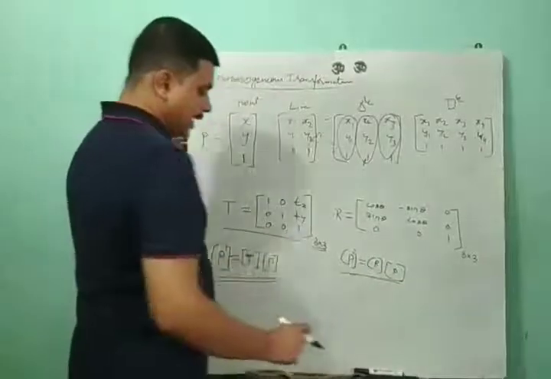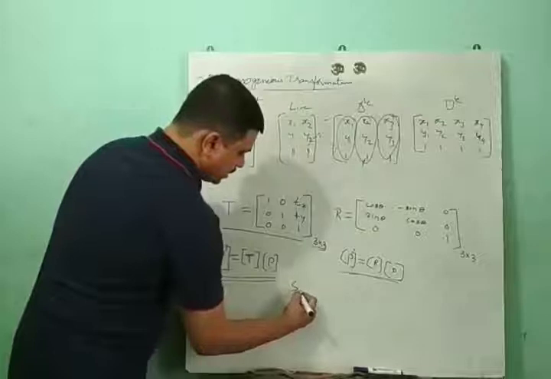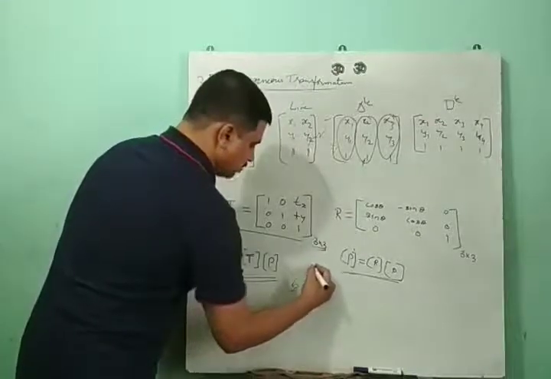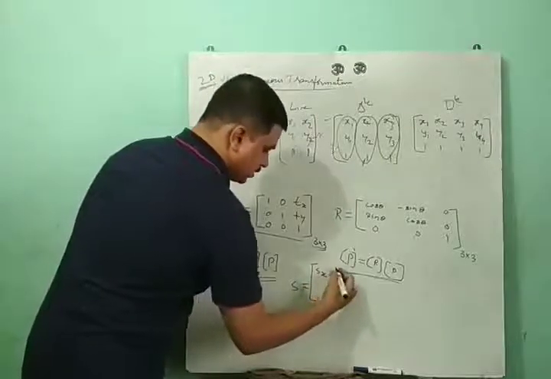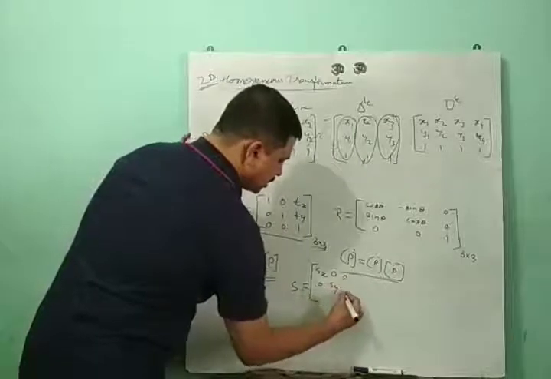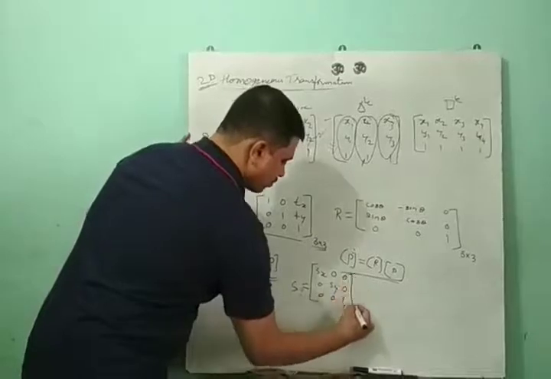Again, for scaling, the scaling transformation matrix in the homogeneous coordinate system is represented as Sx 0 0, 0 Sy 0, 0 0 1.